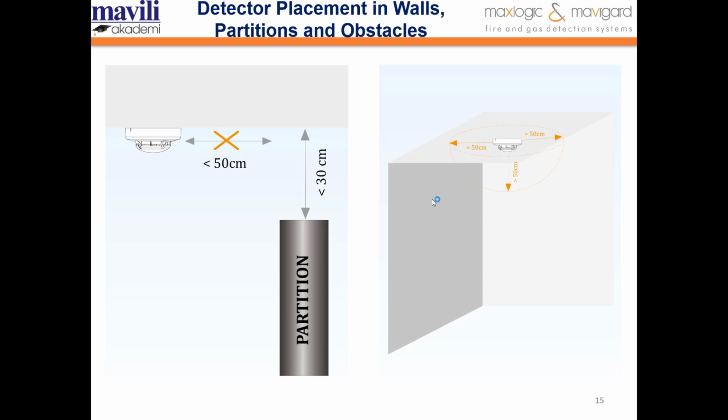If rooms are divided into sections by walls, partitions, or shelves extending up to 30 cm from the ceiling, the sections should be considered as reaching the ceiling, and each section should be considered as a separate room. A space of at least 50 cm should be left in all directions under each detector. Dimensions of such a space must be compatible with the particular detectors in accordance with the manufacturer's instructions.